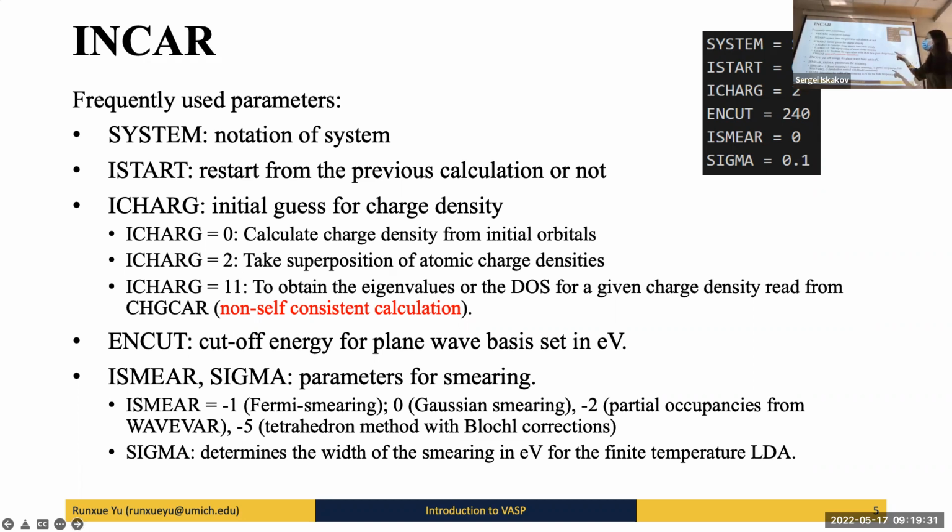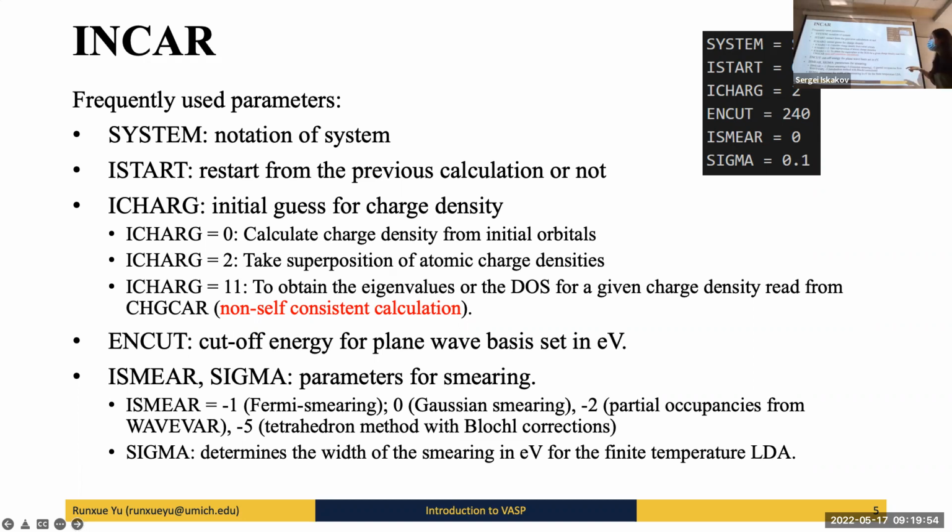Then we usually will use ISTART. If it is 0, that means it will not restart from the previous calculation, it just starts from the initial guess. If it is 1, then it will restart from the previous calculation. And ICHARG provides the initial guess for the charge density.